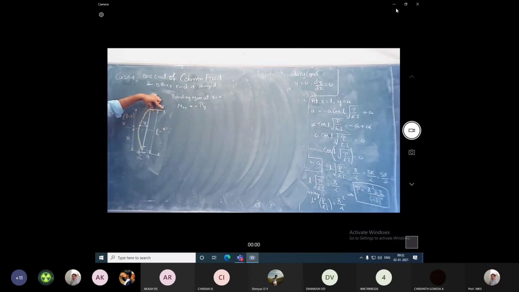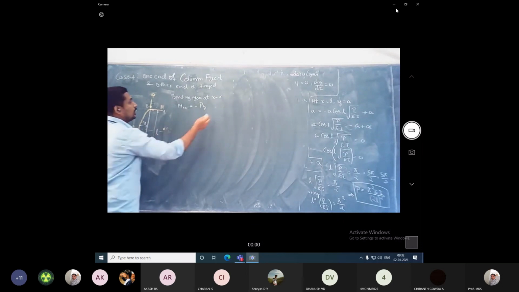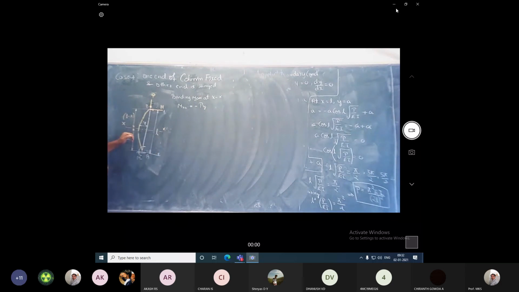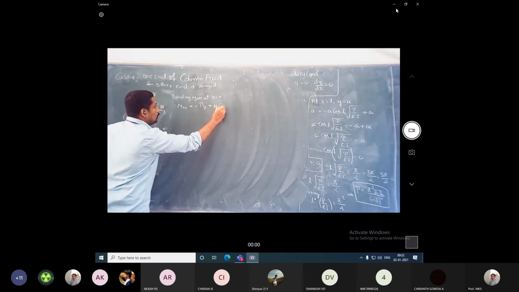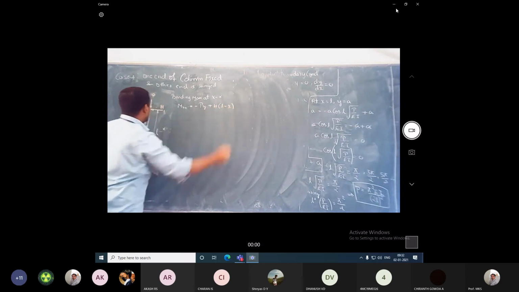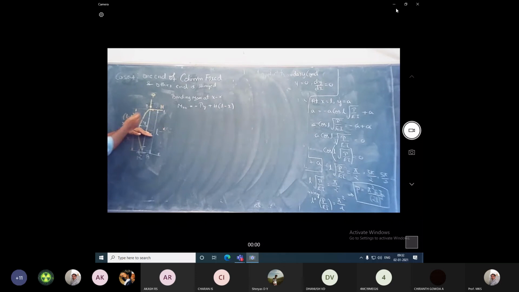That is, the horizontal force H into the distance with respect to section X, which is L minus X. This is plus H into L minus X. That is the moment acting due to the horizontal reaction.